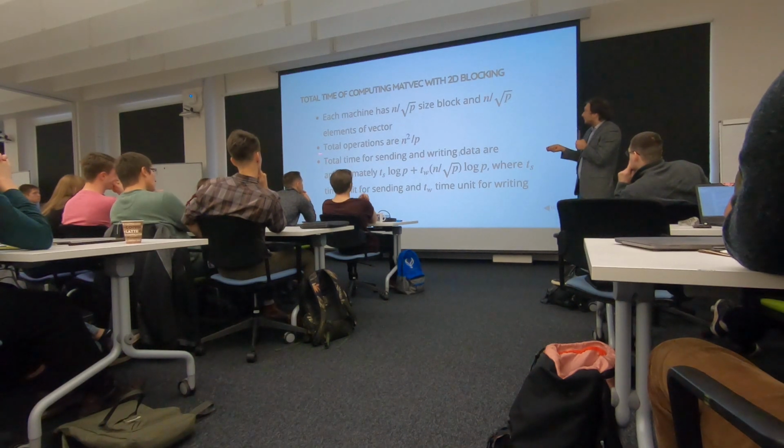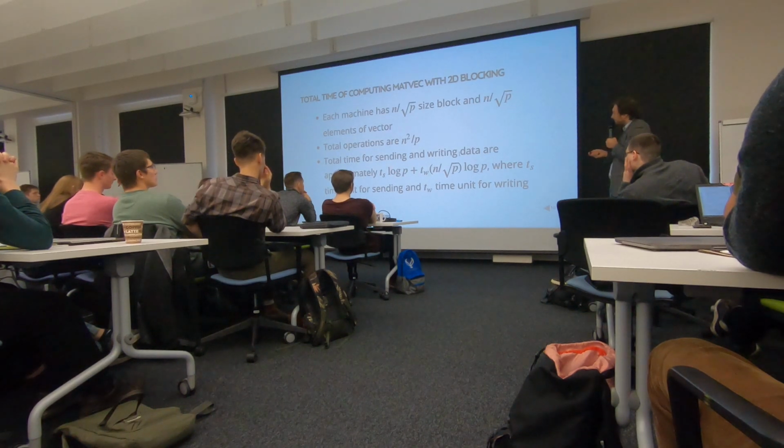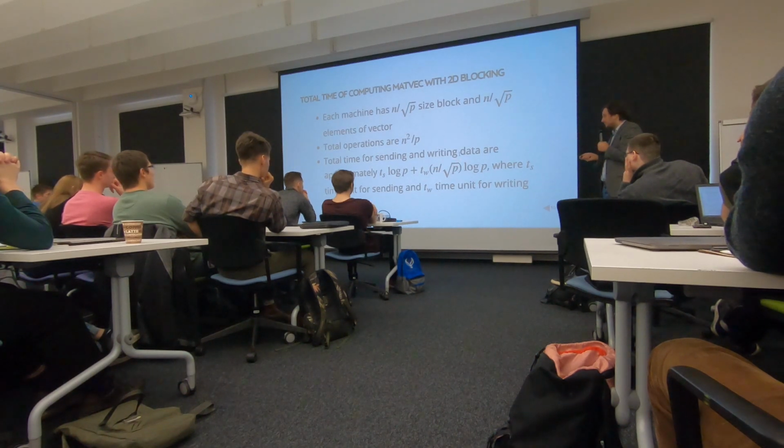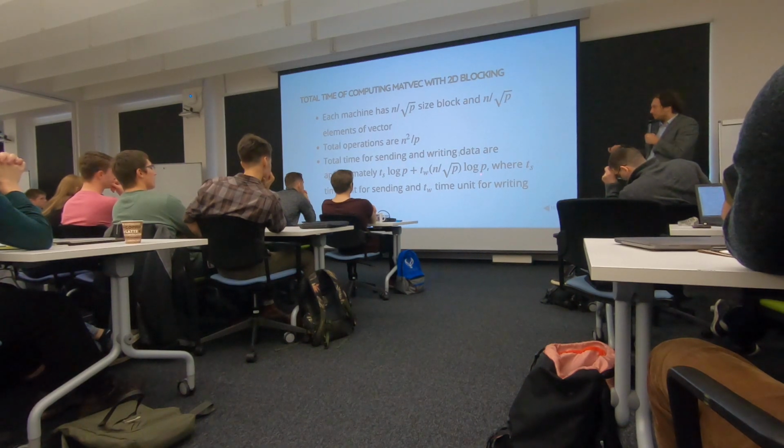However, if you count the number of sending and writing data, it's completely different. You have again the same term that scales logarithmically with P, but the number of writes is now actually decreasing with the number of processors. It's n divided by square root of P. Okay, it's multiplied by log P, but this is a function that when you increase P, this part decreases.